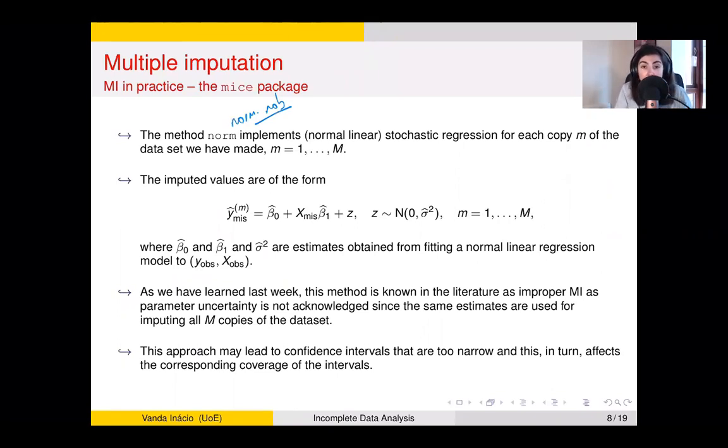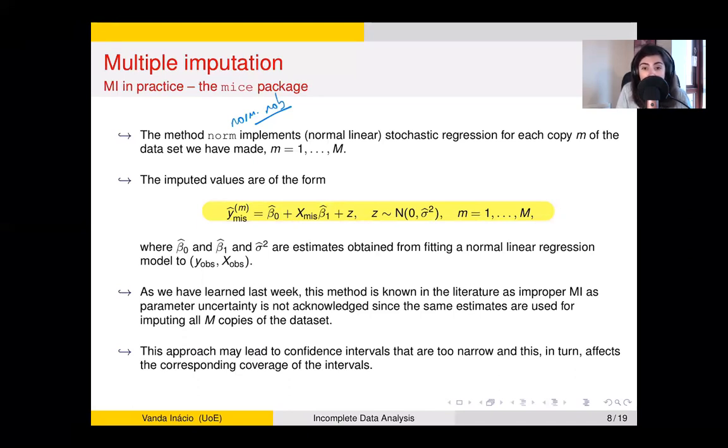So we know that we have created capital M copies of the data set, and for the lowercase m-th copy of our data set, the corresponding imputed values are given by this expression, and this is not new to us, right? So we obtain beta 0 hat and beta 1 hat from fitting a normal linear regression model to the complete cases, and then we add some noise, and this noise follows a normal distribution with zero mean, and the variance is the estimated residual variance.